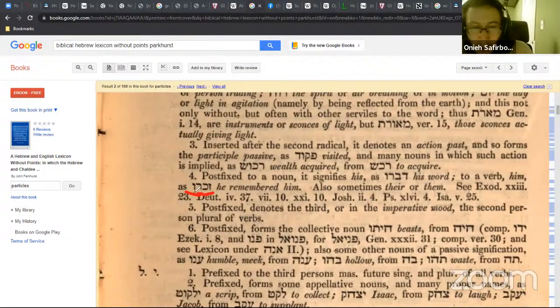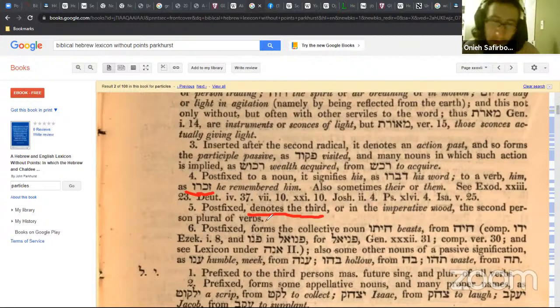And also wa can be added sometimes when you're trying to say their or them, depending on the reason. But at the end of a word, it denotes third person plural.